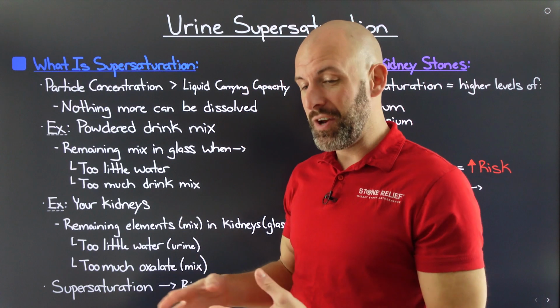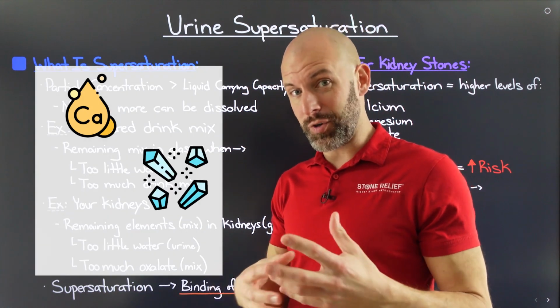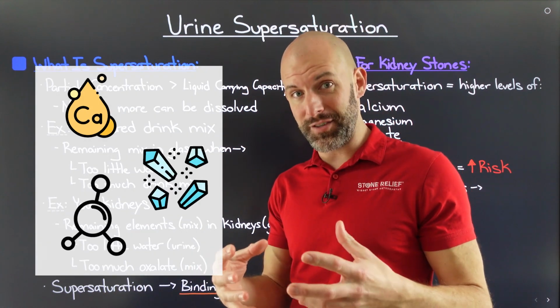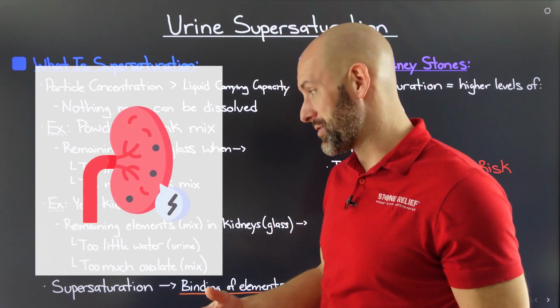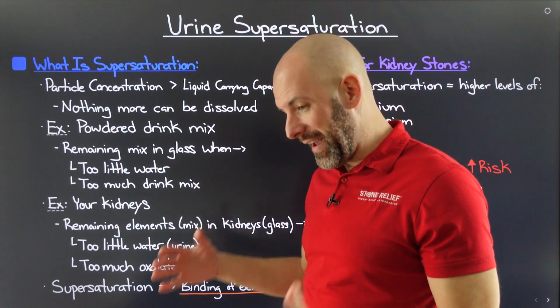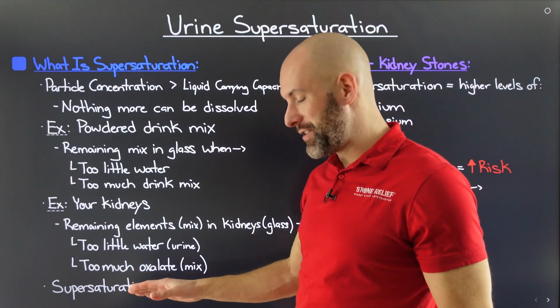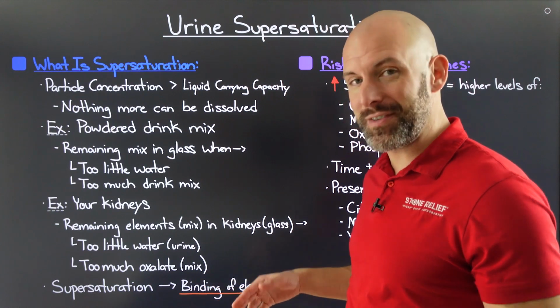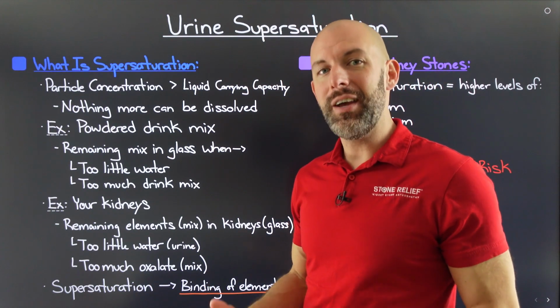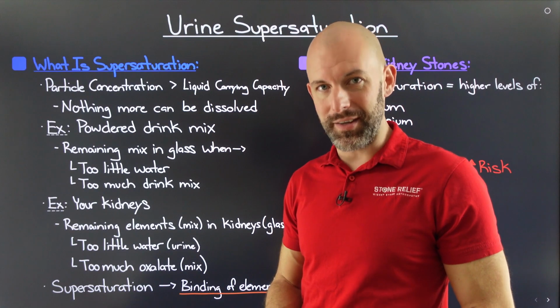And in our kidneys, we have calcium and oxalate crystals or ions that are floating around in the urine that will clump together to form kidney stones. So, as a whole, supersaturation is the foundation that leads to binding of elements such as calcium and oxalate to form calcium oxalate kidney stones.